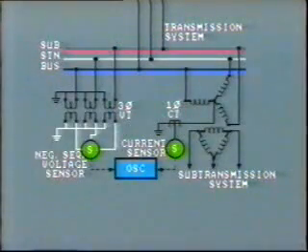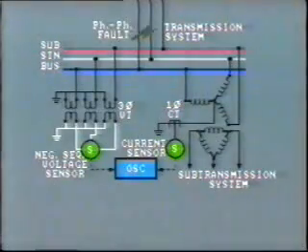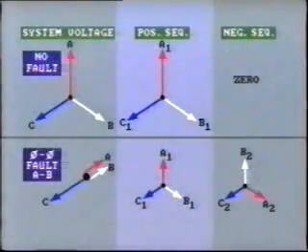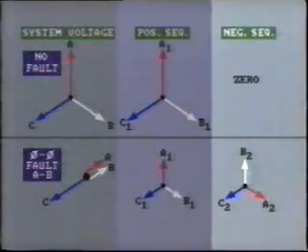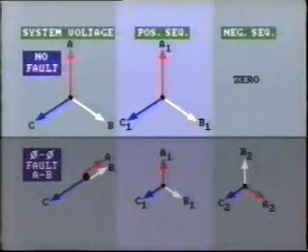We can also use a negative sequence voltage sensor connected to the bus. This will sense a phase-to-phase fault on any line connected to the bus. You will remember this phasor diagram from an earlier lesson. It shows the voltage broken down into its positive and negative sequence voltages. Before the fault, we have balanced three-phase voltages.